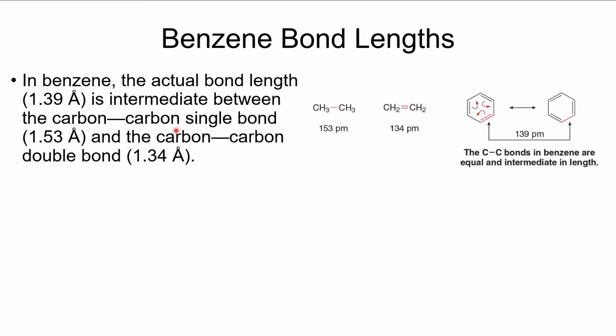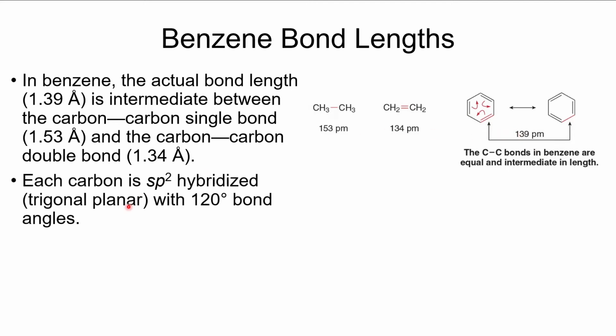The carbon-carbon bond length in benzene is 1.39, so it's somewhere in between. Since they're all the same, that tells you that none of these are true double bonds, and none of them are true single bonds. They are partial bonds. They are definitely more than one bond. It's just not a full double bond.